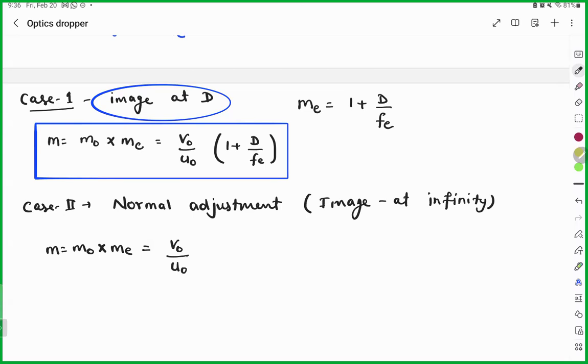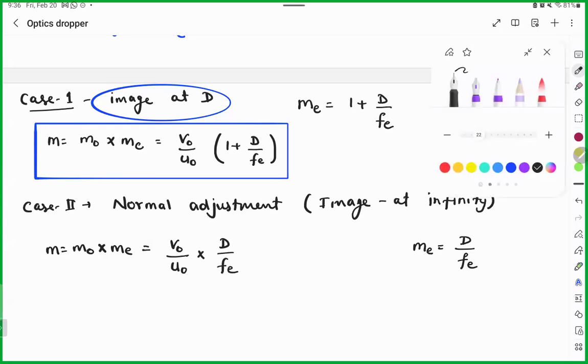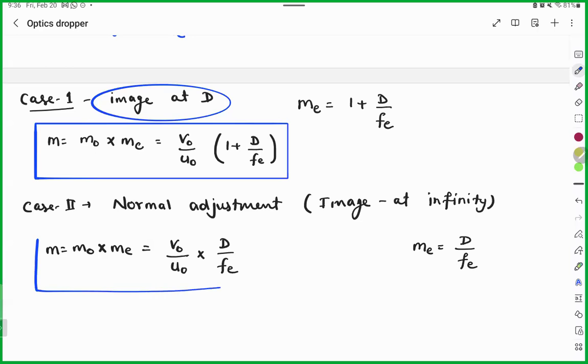For objective lens, what is the magnification? V by U for the objective lens. And what will be magnification of eyepiece? D by FE. Tell me guys, isn't it application of simple microscope in two different cases?